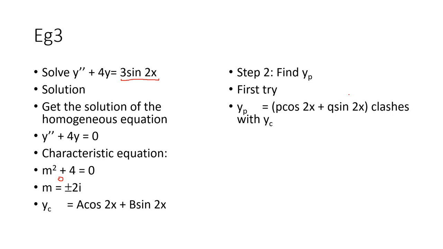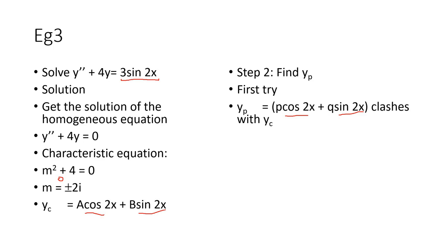But for my marking, the marking scheme will be, you have to tally it. And then after you choose it, you have to check whether this clashes with your yc. Okay, you see, you have here cos 2x, sin 2x, your yc also has the same terms. So this is what we call clash.